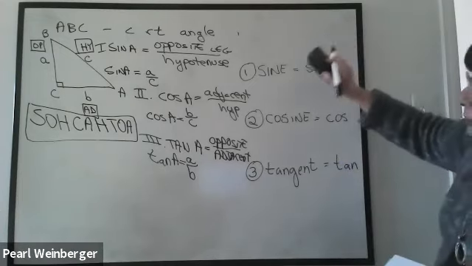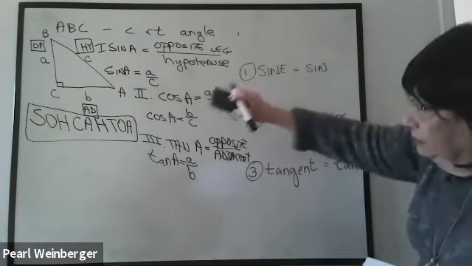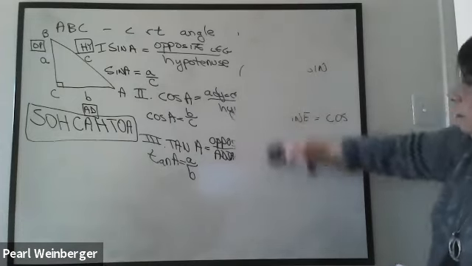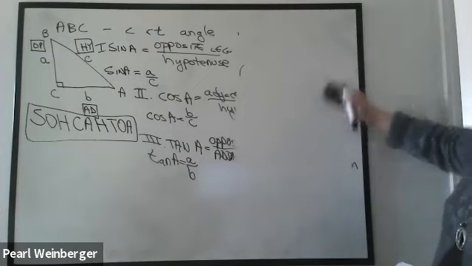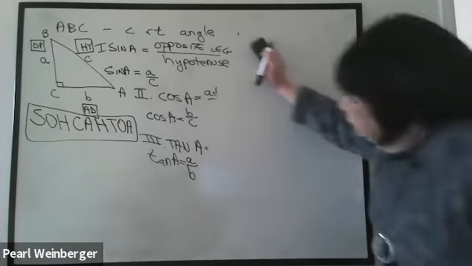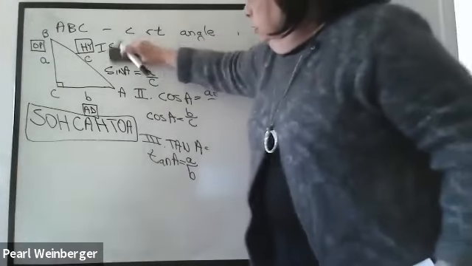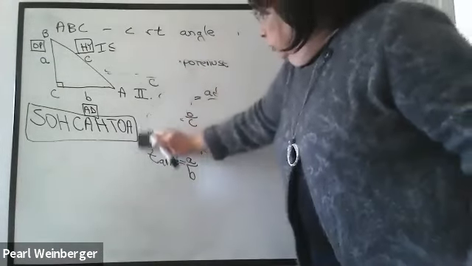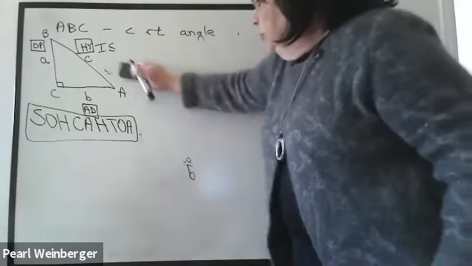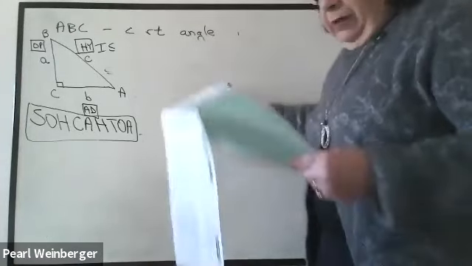Okay, so I'm going to erase most of this. I'll leave that SOHCAHTOA on the board because that's our mnemonic device and that we have to remember. And I'm going to show you how to work such a problem out.